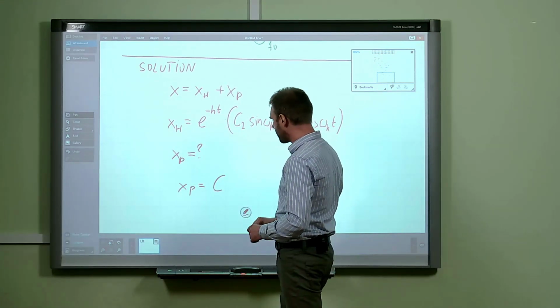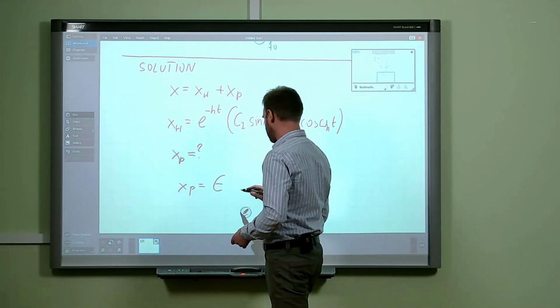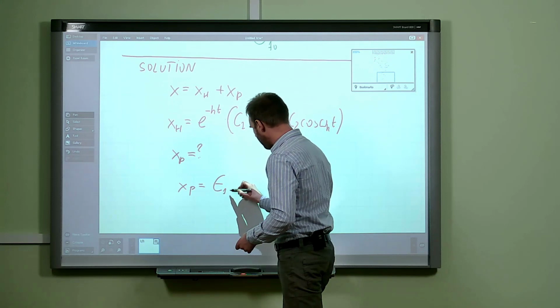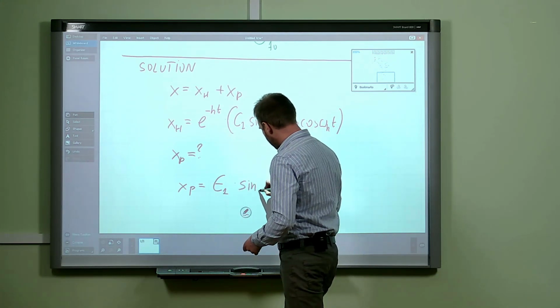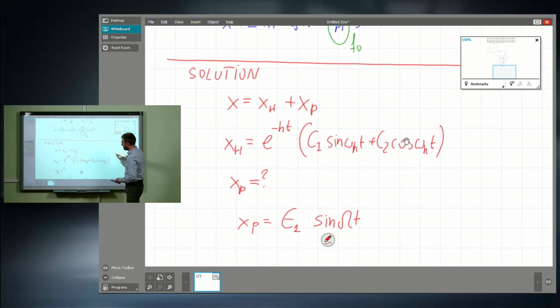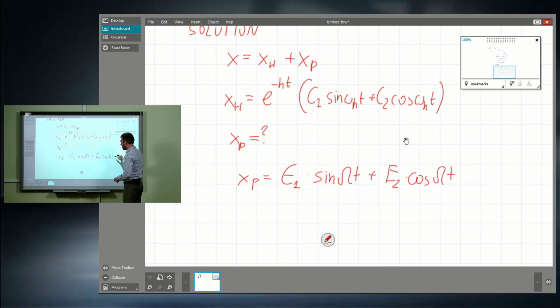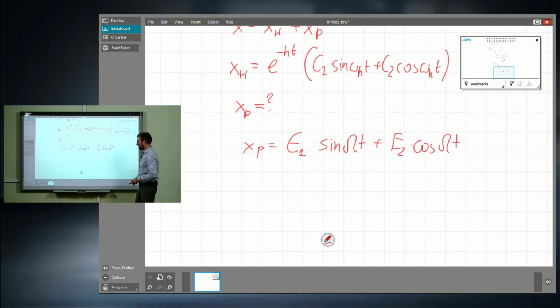In our case, it will be some constant E1 times sine omega t, the same omega as the frequency of the excitation, plus E2 times cosine omega t. Here we have such a thing.